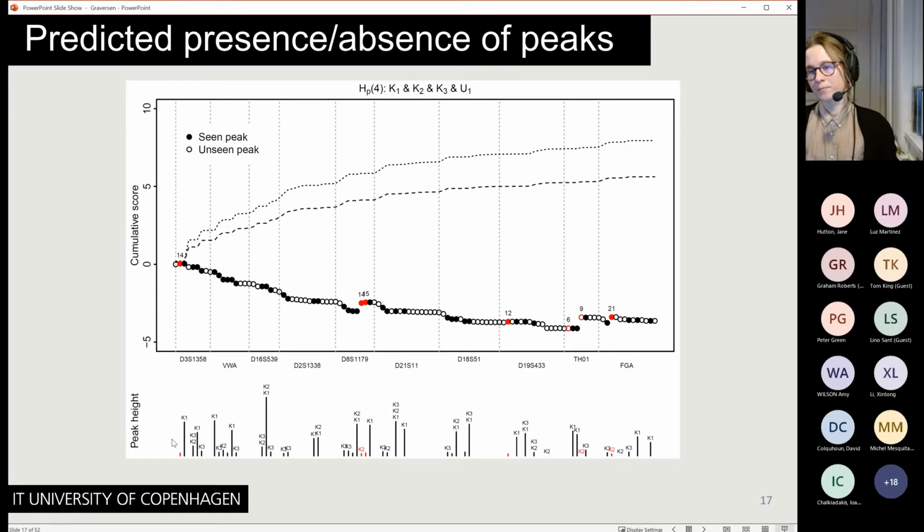I read the EPG from left to right and line up all the peaks that I see. Whenever I reach a particular peak, I ask: given what I've seen up until this stage, am I surprised or not by what I see in the next allelic position, using this model? Every time there's a jump up, it means I'm surprised. This line jumps up and down a little bit.